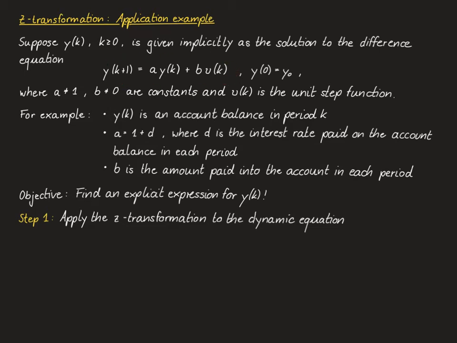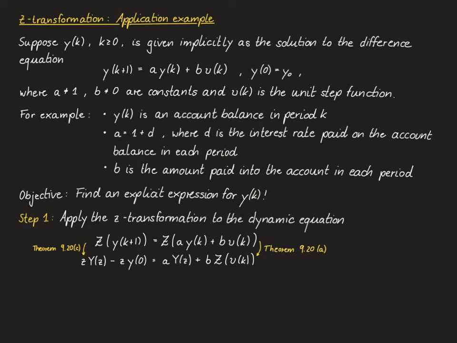entire dynamic equation. This yields that Z of y of k plus 1 is equal to Z of a times y of k plus b times epsilon of k, where by theorem 9.20c, the left-hand side is equal to z times Y of z minus z times y of 0.